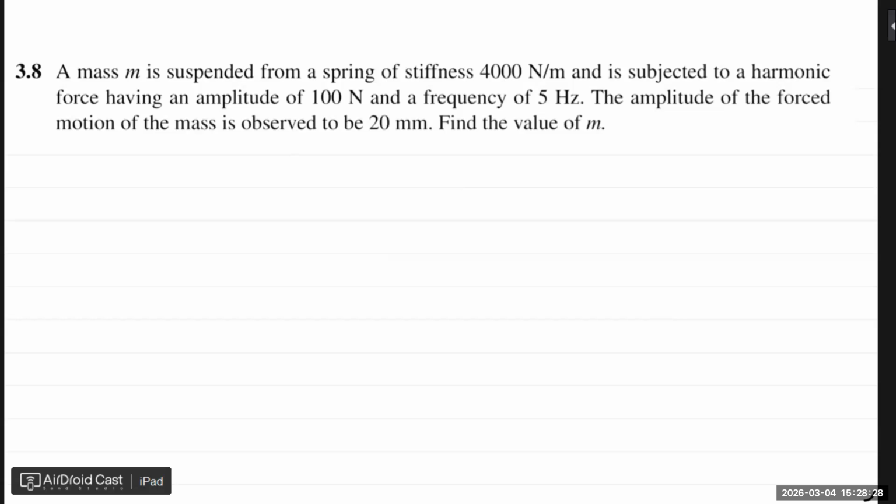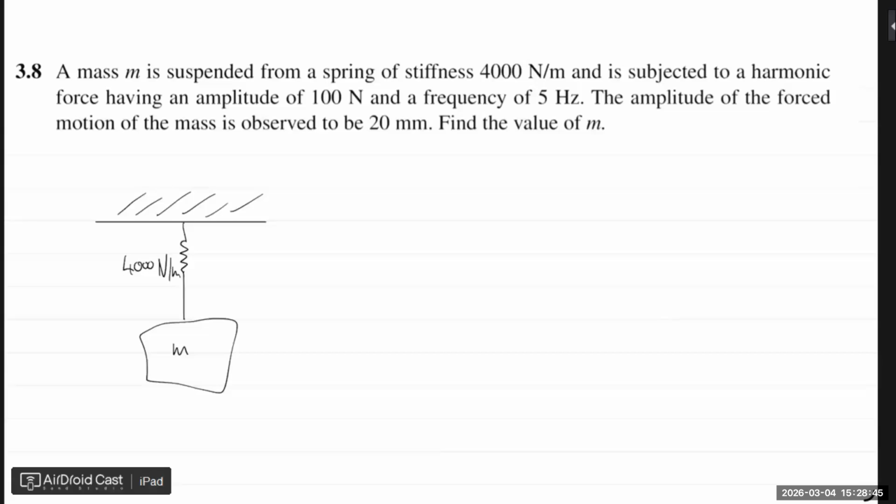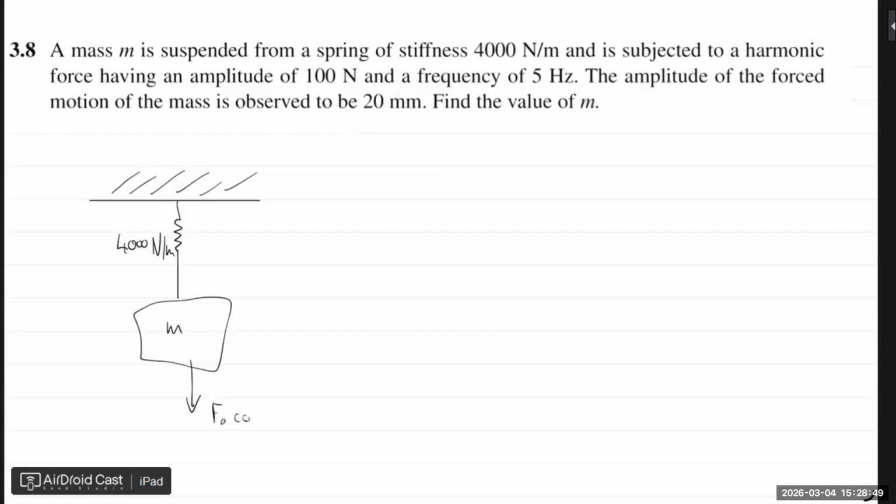So let's see what we can do. You can perhaps draw it if you want to. It's just something as simple as this, and this is 4,000 newtons per meter. And here now is a force of F0 cos omega t. They didn't say what the force is. I make it cos, for the same reasons that we already discussed.